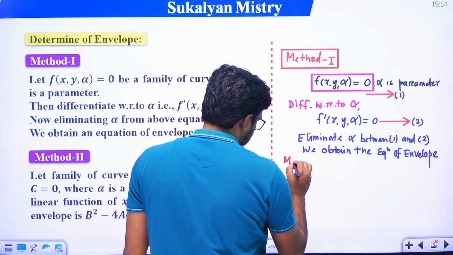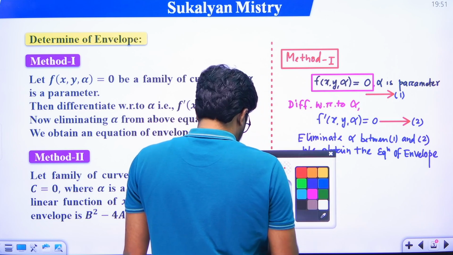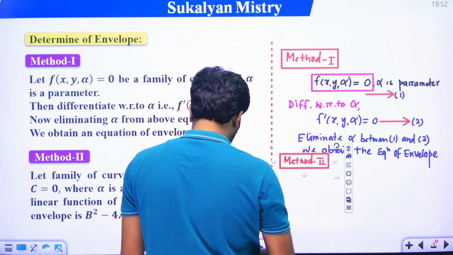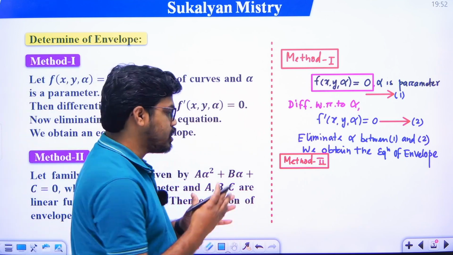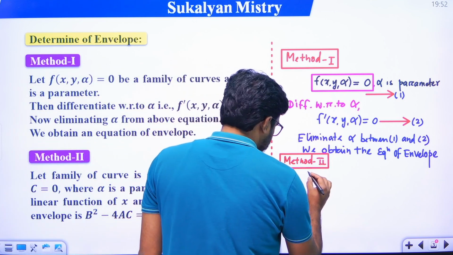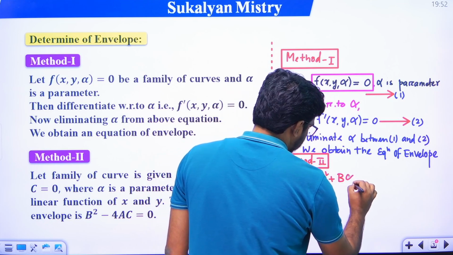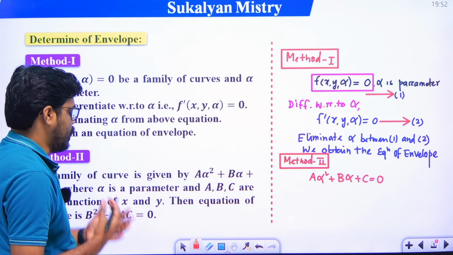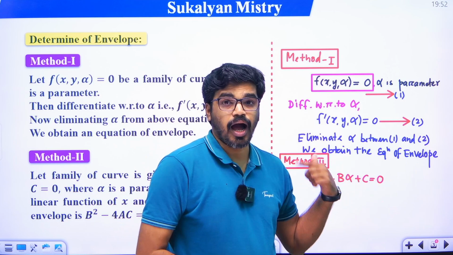Next, method 2. Suppose the given family of curves is of the form a alpha square plus b alpha plus c is equal to 0, where alpha is a parameter. This is a quadratic equation in alpha, right?